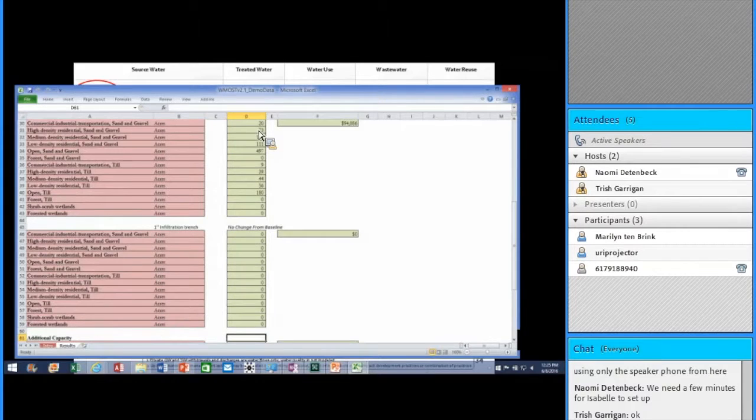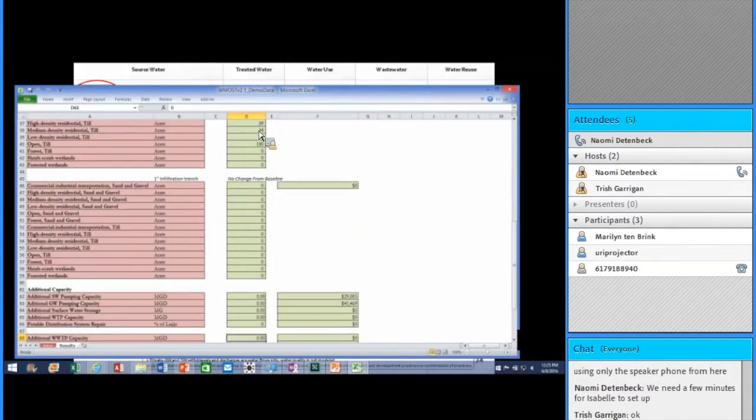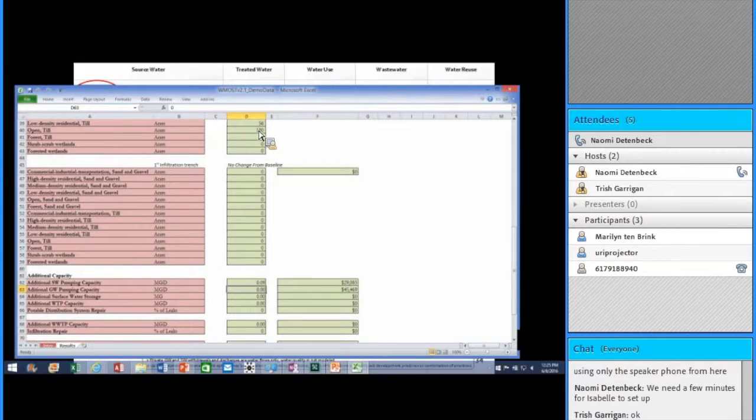It did not select a bigger infiltration trench because that turned out not to be cost effective. It did add additional stormwater pumping capacity to the rate of 0.09 MGD, and the cost of this particular option is presented on the right.